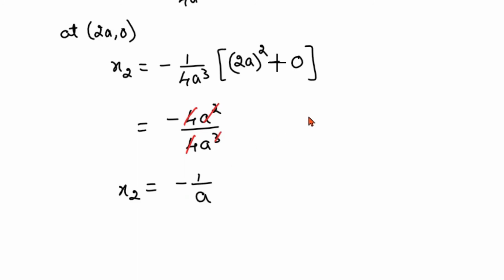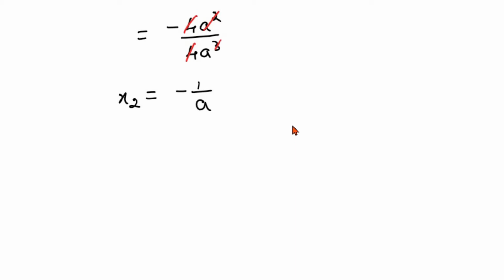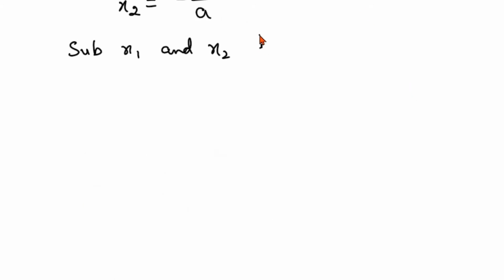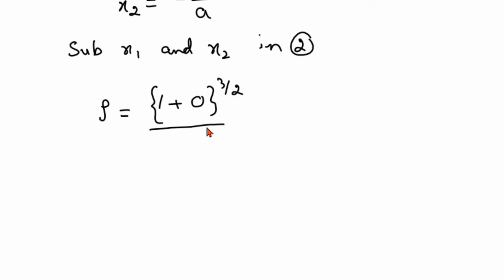So we got x1 as well as x2. Let us substitute these values of x1 and x2 in the radius of curvature, which is given by equation number 2. We get rho equals (1 plus x1 squared), where the x1 value we got is 0, to the power of 3 by 2, whole divided by x2, where the x2 value is minus 1 by a.